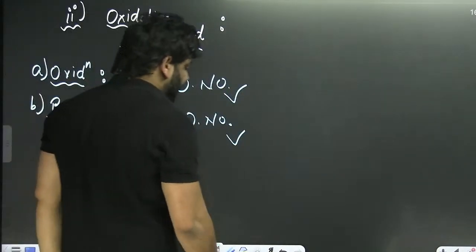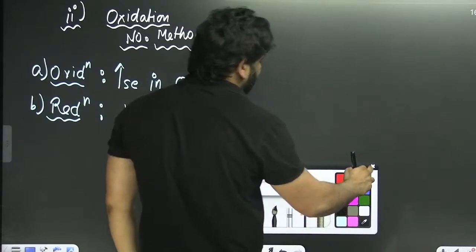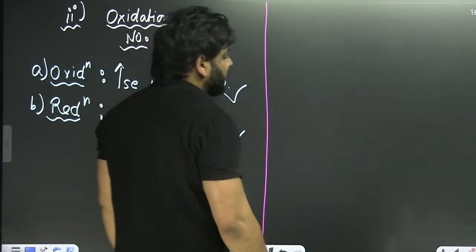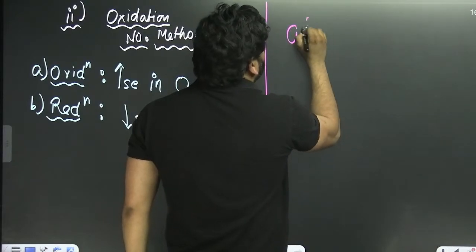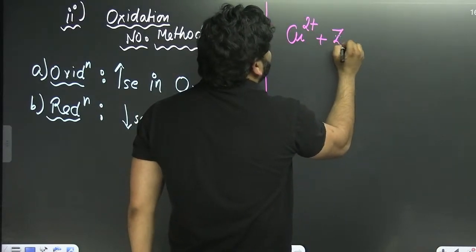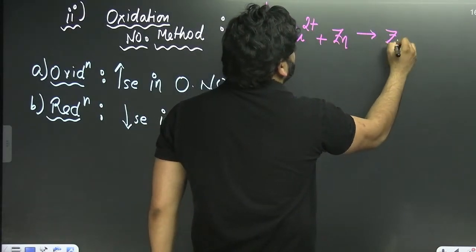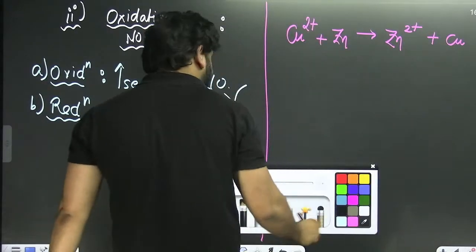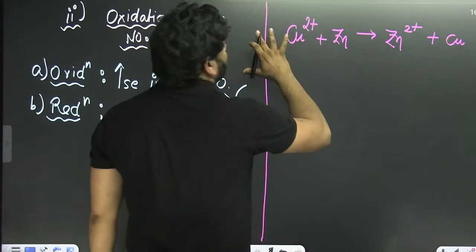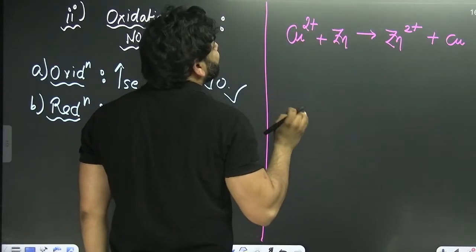I can take you to the same example and explain how we define these oxidation states and oxidation numbers. Take the same idea that Cu2+ combined with zinc produces Zn2+ and Cu. The oxidation states of ions are the charges they possess.